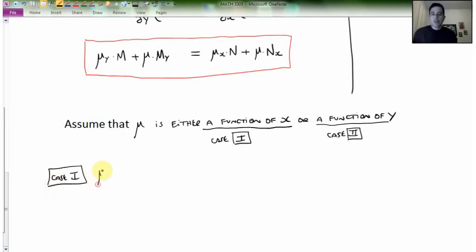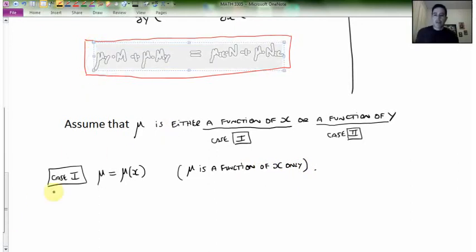Case 1 is when mu is a function of x only. Okay. So let me put that here. Mu is a function of x only. So look at what's going to happen. So let me copy that down here.